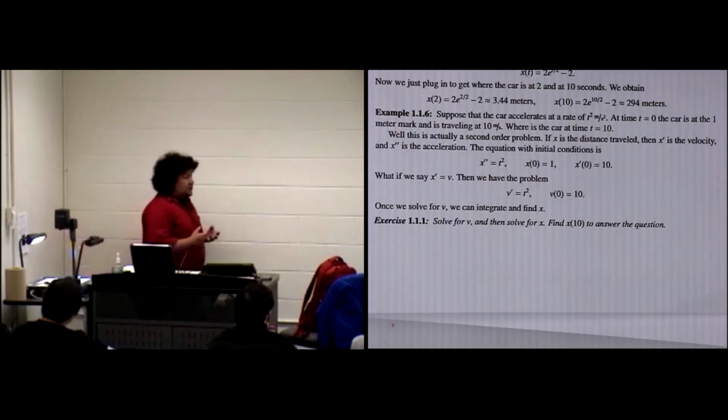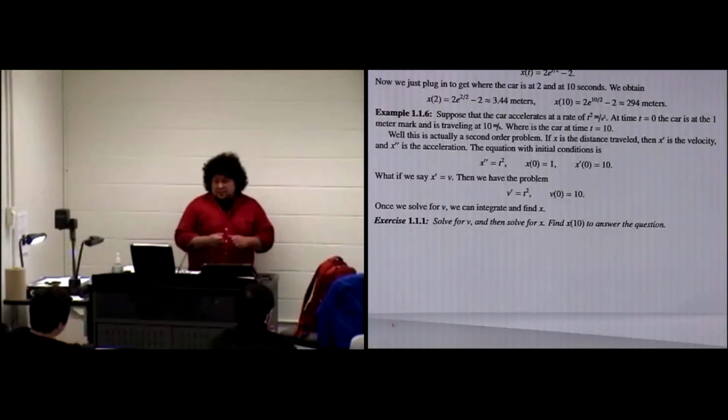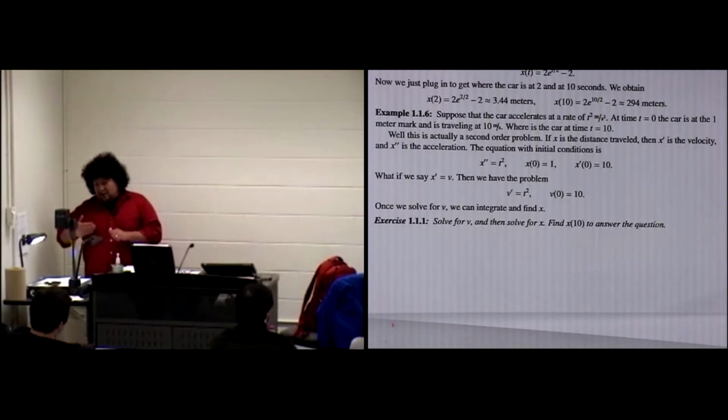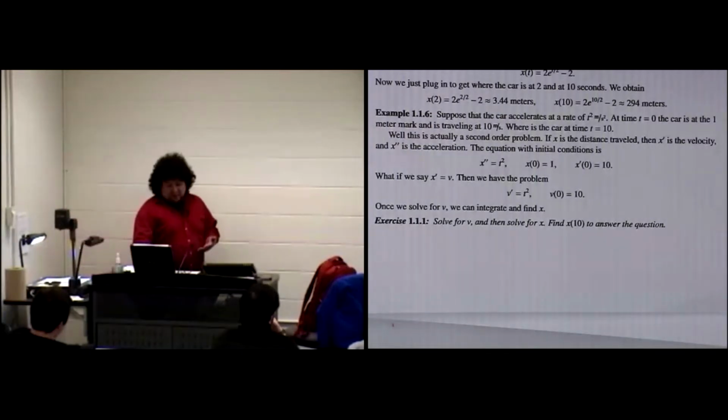The setup here is second order. The problem mentions some information about how this vehicle is accelerating, and then there are initial conditions, with respect to the first derivative and also with respect to the value of the function, right?